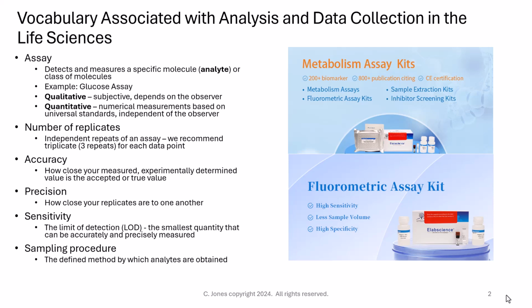So a qualitative assay, again, is subjective. It depends on the observer. Generally, we are not recording any numerical values. It's sort of an estimate or an opinion. Sometimes they're semi-qualitative. We might use pluses, 1 plus, 2 plus, 3 pluses, something like that to indicate a relative size, a relative comparison.